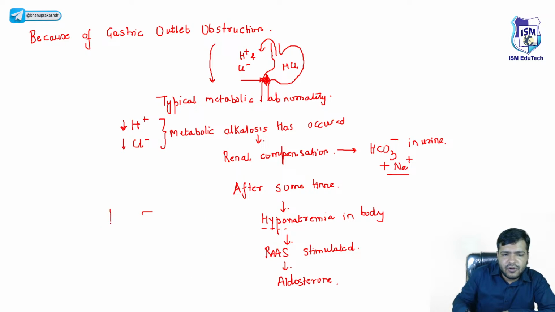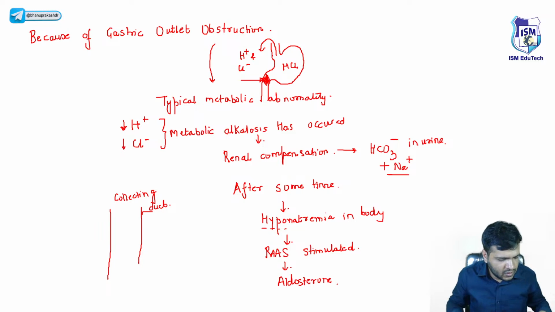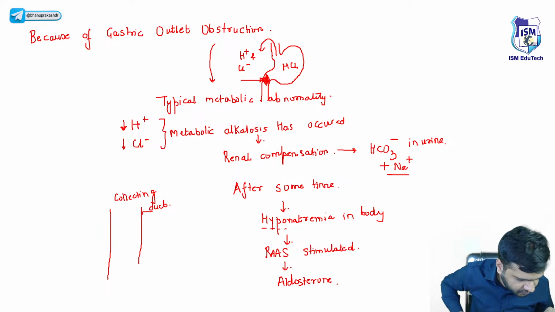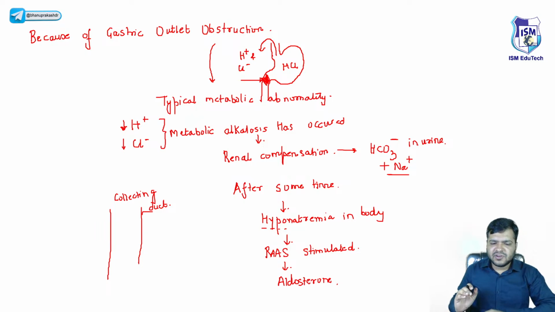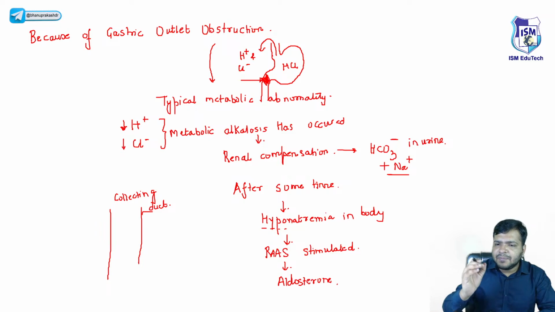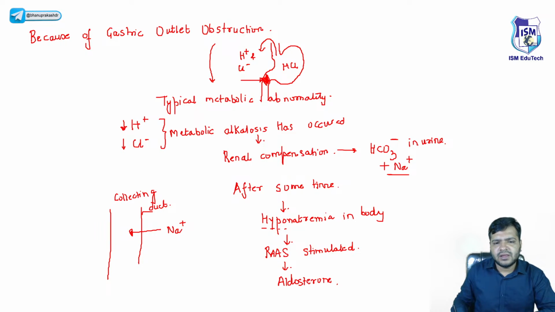Now, guys, tell me, what is the function of aldosterone? For example, if I'm drawing the collecting duct over here, suppose this is the collecting duct. What is the function of aldosterone, guys? Aldosterone will try to take reabsorption of the sodium ions that were going out back into the body.